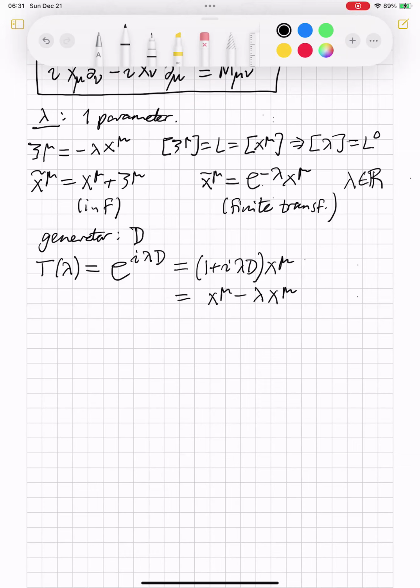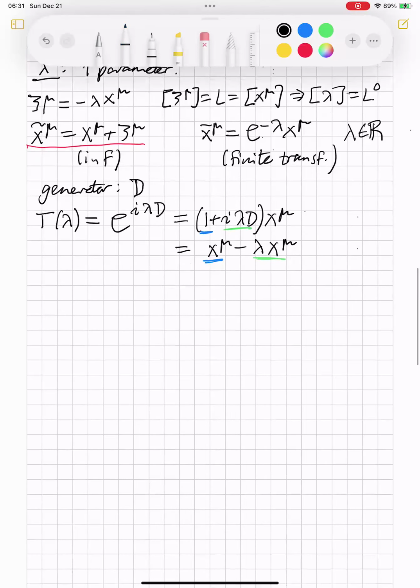Okay, and that's just by this equation that I've just underlined in red. Now, if we compare these two expressions, the 1 times x mu is exactly the same as the x mu. So by comparing the second term of these two expressions, we can figure out the equation for the generator. So we learned that i lambda D acting on x mu must be equal to minus lambda x mu.